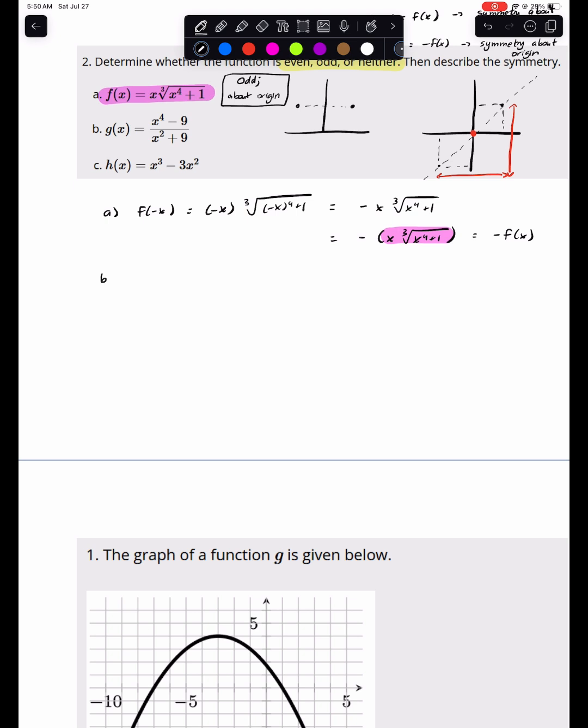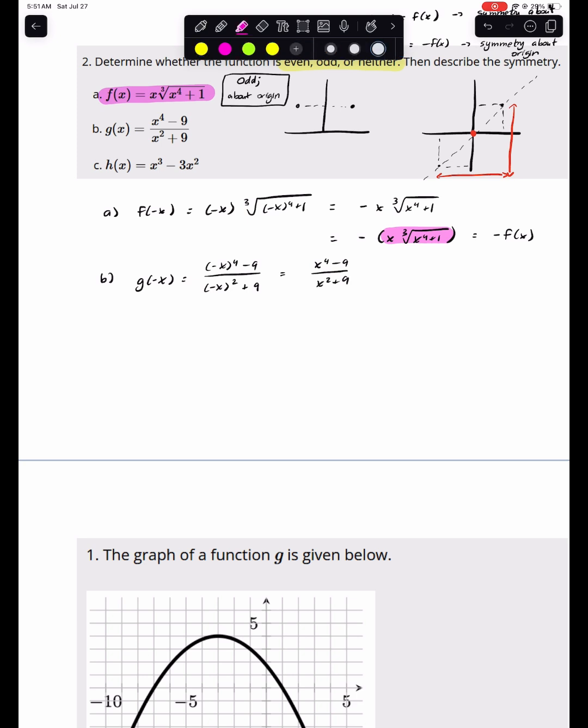Now for part B, I'm going to put in negative x. So g of negative x equals negative x to the fourth minus 9 over negative x squared plus 9. And this is equal to x to the fourth minus 9 over x squared plus 9.